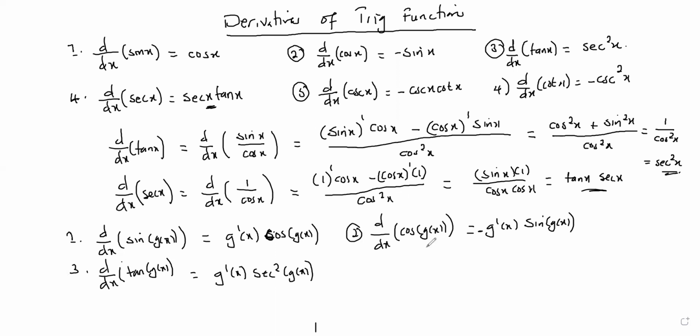So all of them, whether it's the fourth one, the derivative of sec g, that will be g prime, and then I'll have the product sec g tan g.